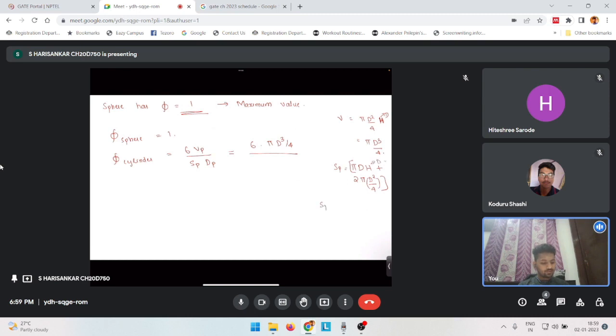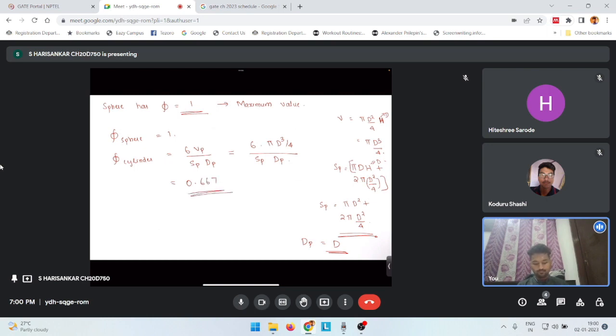So this surface area is also pi d square plus 2 pi d square by 4. And then you have the diameter of the particle dP as d. So you can substitute this Sp and dP here, and we'll get a value of the sphericity of the cylinder approximately 0.667.